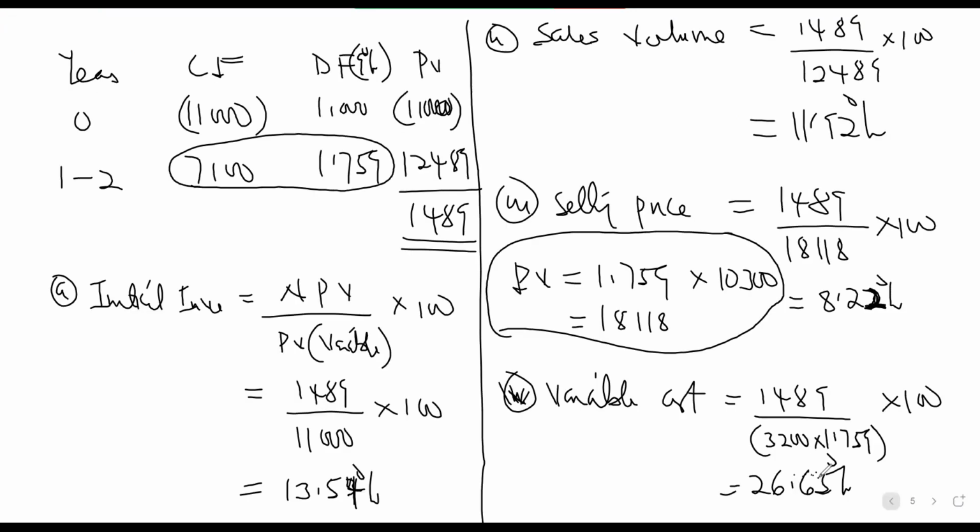If the variable cost increases by this amount, the NPV of the project will be 0. But if it goes above this one, what will happen? It will make a loss.